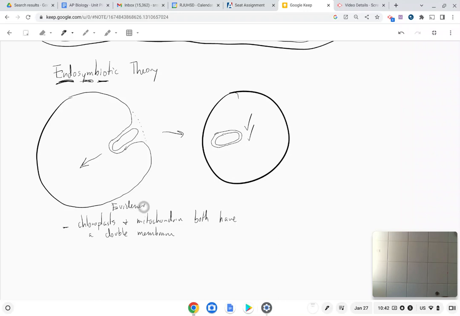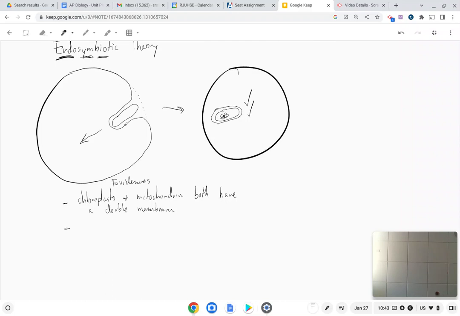So what are the other evidences? Well, if they were in fact their own organism before this took place, we would expect them to have their own DNA, some kind of nucleoid. And they do. They both have their own DNA inside.